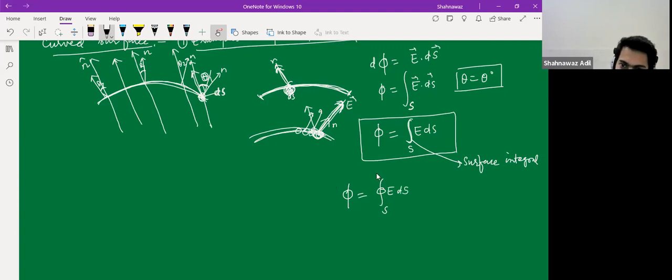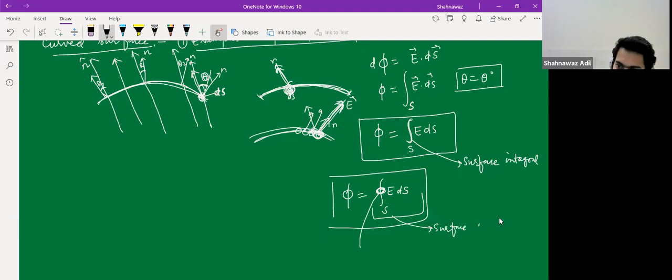For this case, you can see that there is a circle over here, or this is a closed loop. So this represents that my surface is closed. This represents that my surface is open.